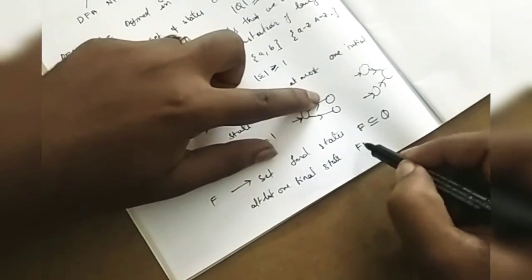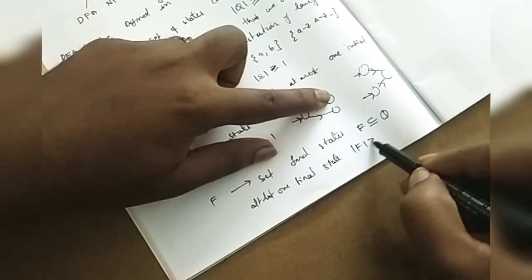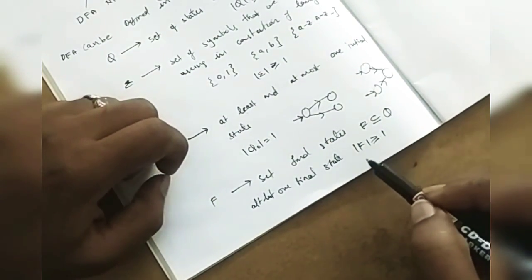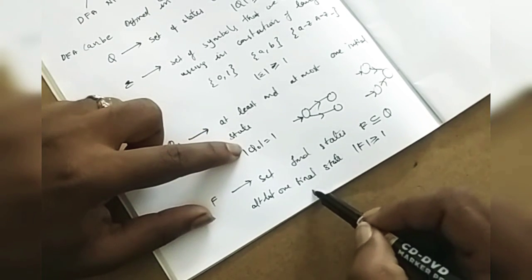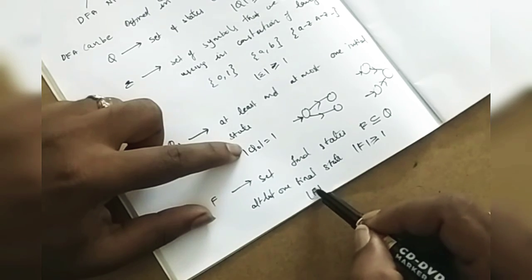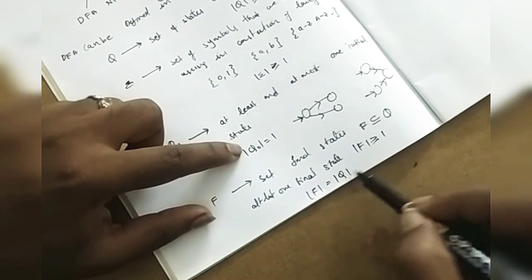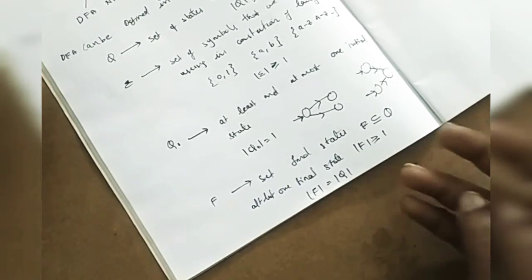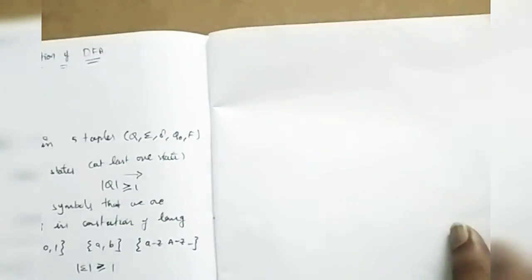That means mod F should be greater than or equal to 1, and F is a subset of Q. Maximally, mod F is equal to mod Q. If there are 4 states, the maximum number of final states can be 4. That makes sense, right? It's not a big deal. You can understand it.